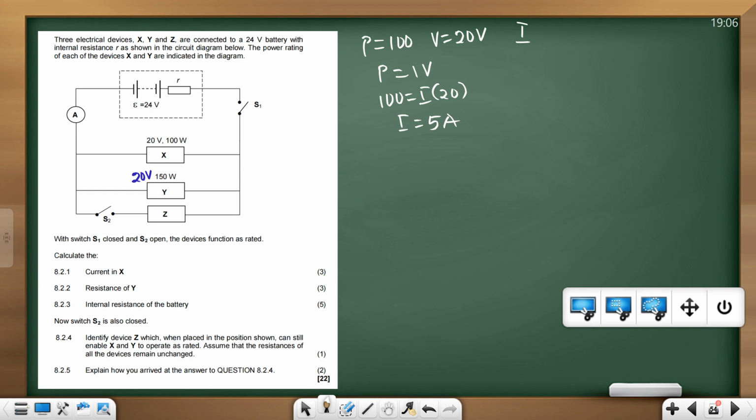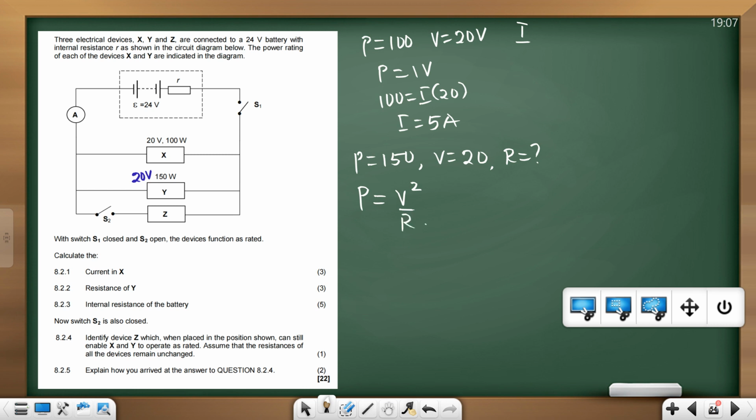Calculate the resistance in Y. But do you know that by me writing that 20, I'm actually done? Because now for Y, what do I know? I know the voltage and I know the power. Power is 150. Voltage is 20. And I'm looking for what? R. What do you do? Formula page. P equals to what?